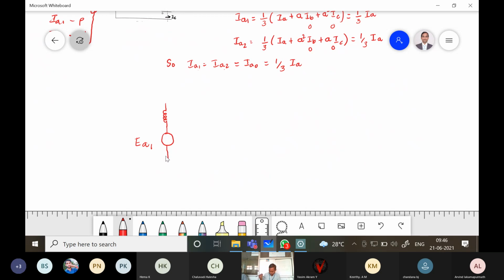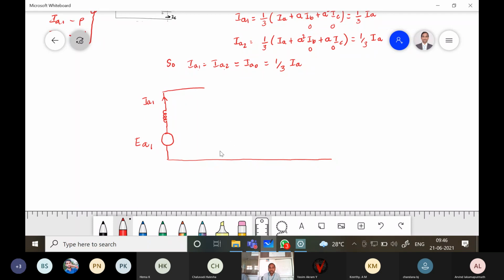Take the reference bus. What is the current flowing here? That is IA1, the positive sequence current.